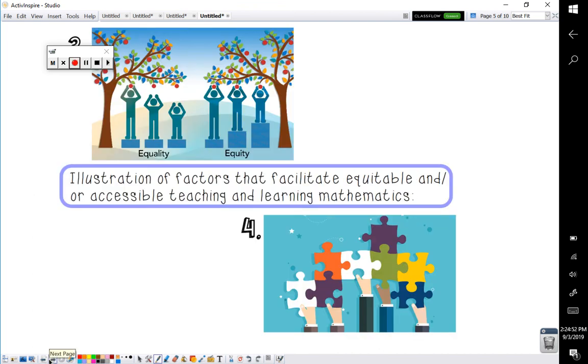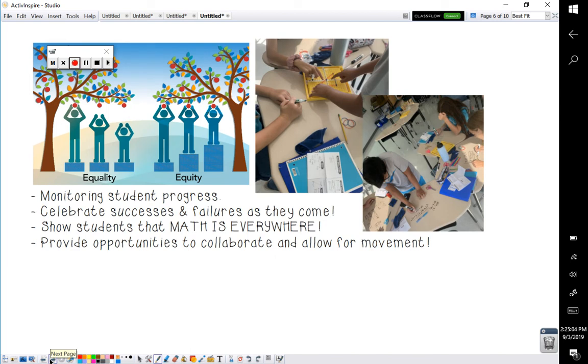Two images that I thought really illustrated the facilitation of equitable practices and teaching and learning mathematics are these two images here. In this picture, in order to encourage a deeper understanding of mathematics, we need to set students up in a way that would help them reach the apple.